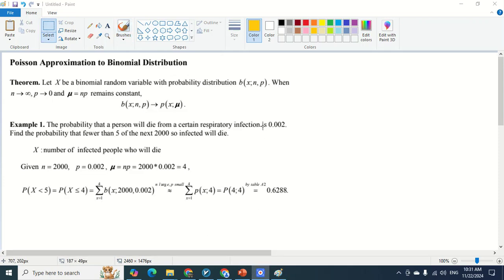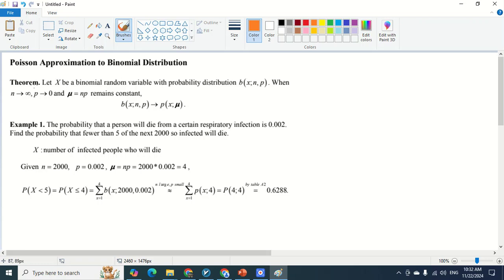So another important thing about the Poisson distribution is a property of this distribution to somehow approximate the binomial distribution. As I said before, when we have the Poisson distribution, it means that some type of statistical experiment happens severally, up to infinity times.